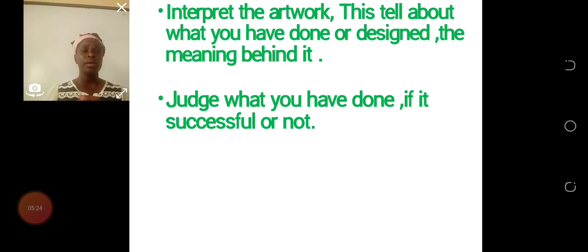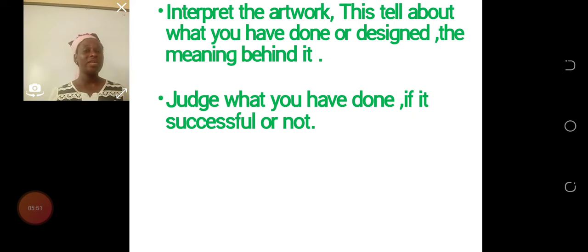Interpret the artwork. When you are able to describe and analyze all the artwork or what you want to make, then you tell what you have designed, and the meaning behind it.